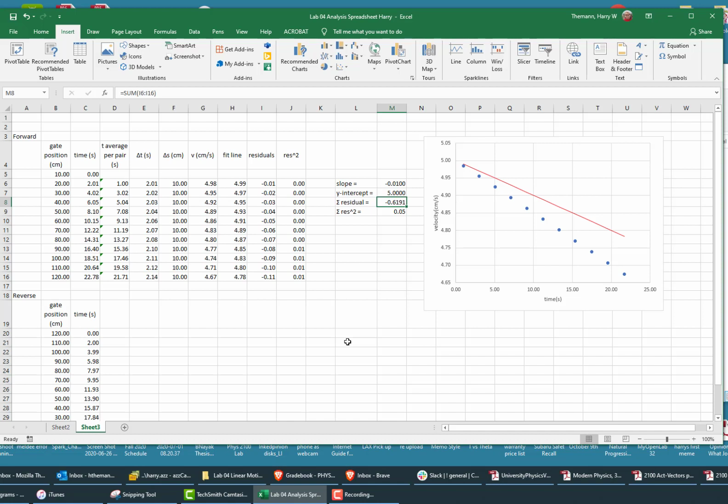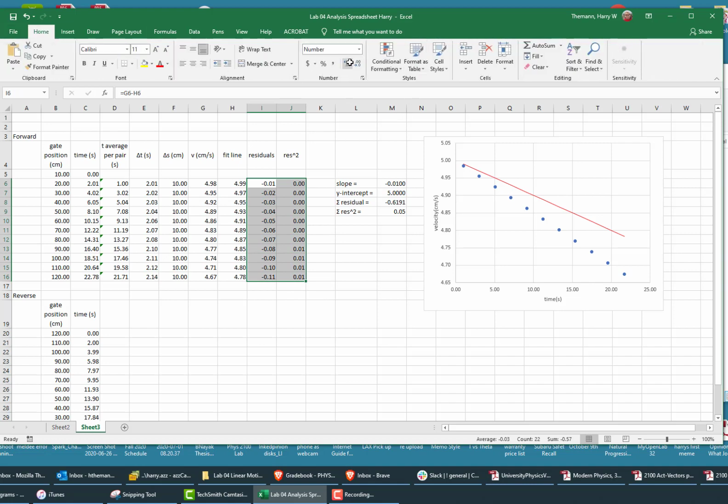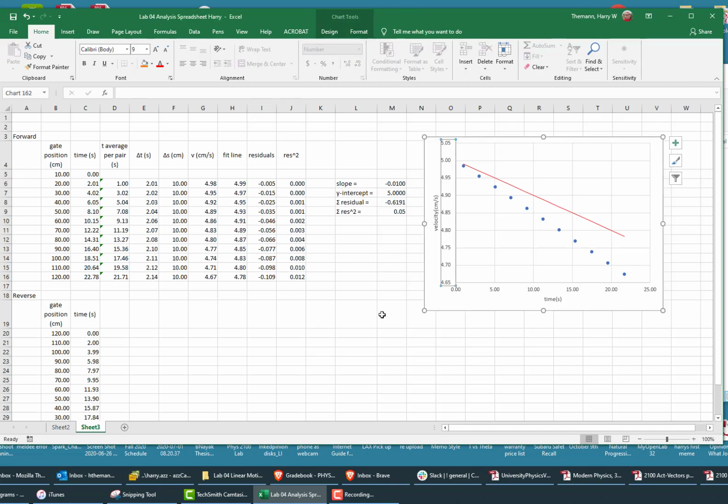And so the residual squared is a much better number. And in this case, since it's artificially created data with no errors, these residuals squared and the residuals are going to get to be quite small. And I just realized that I haven't remade that 0.